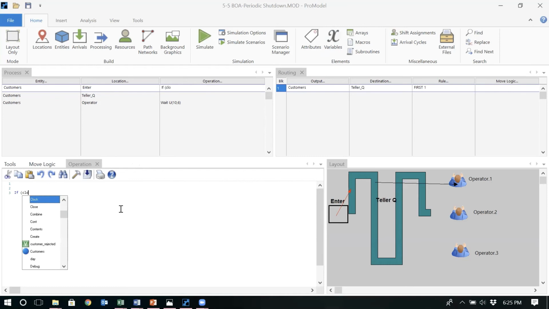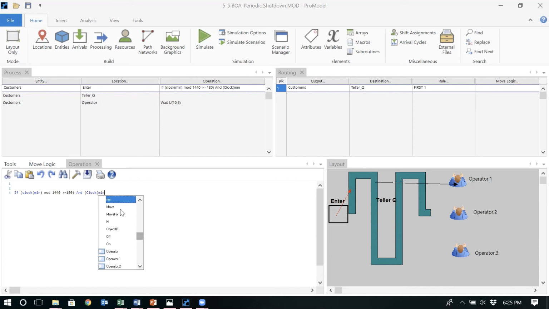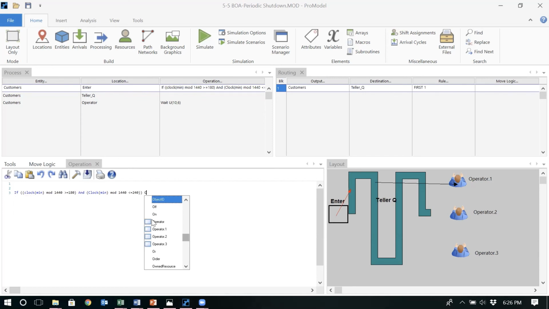So if clock in minutes mod 1440 is greater than or equal to 180, and clock mod 1440 is less than or equal to 240, and let me put this whole thing in a big parenthesis.